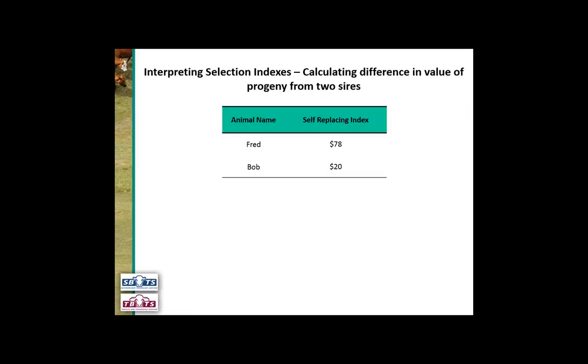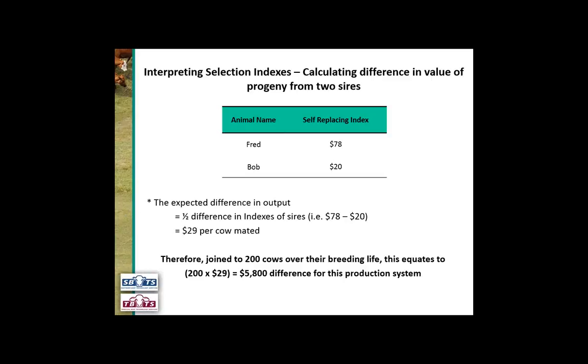So how do we interpret selection indexes? How do we use them? What do they mean? I've just used an example here of a bull called Fred, who's got a self-replacing index of $78, compared to a bull called Bob, who's got a self-replacing index of $20.